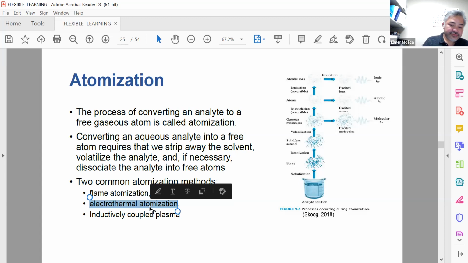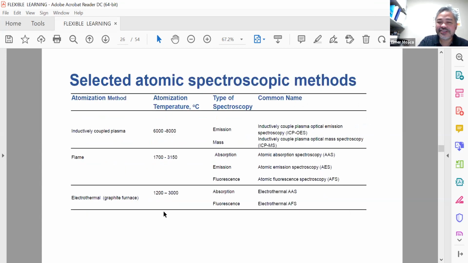Okay. So if we're going to look at these three atomization methods, this table summarizes it. Look at the temperature that you have there. The inductively coupled plasma is just way too high, almost how many times?